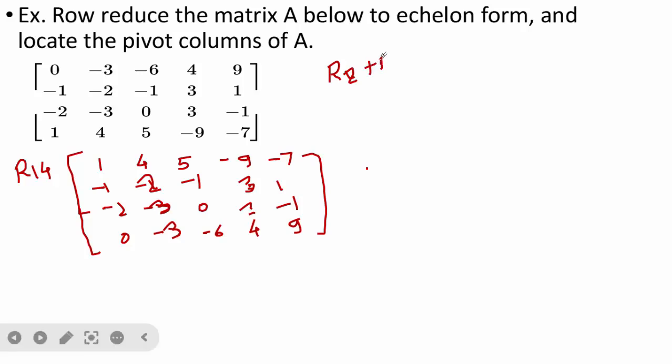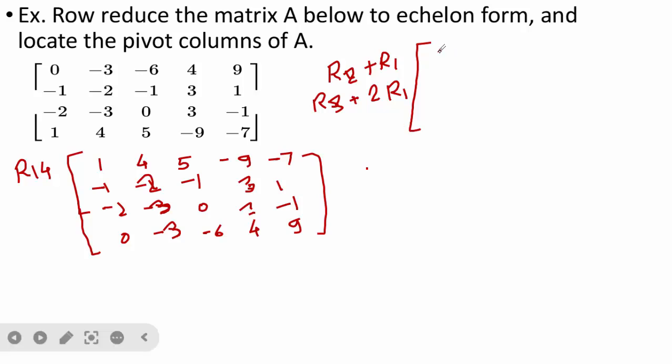In R2 I shall add R1, and to make this 0 I shall use the operation R3 plus 2 times R1. I shall use that leading pivot 1 to make these entries 0.